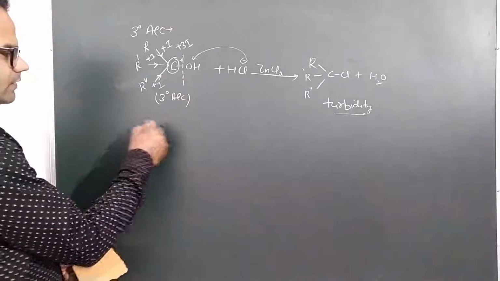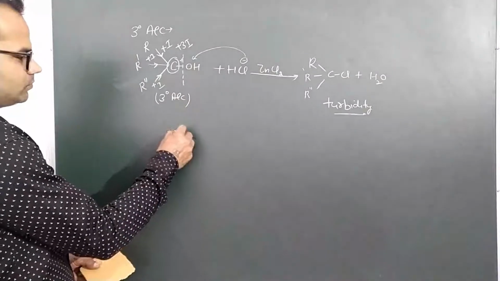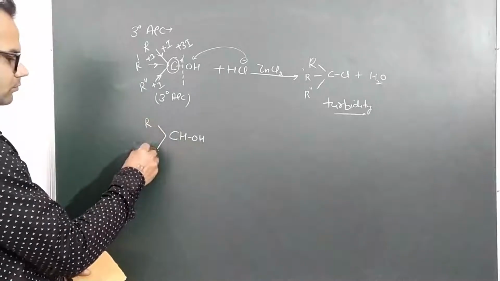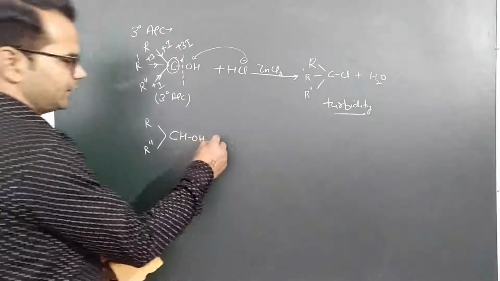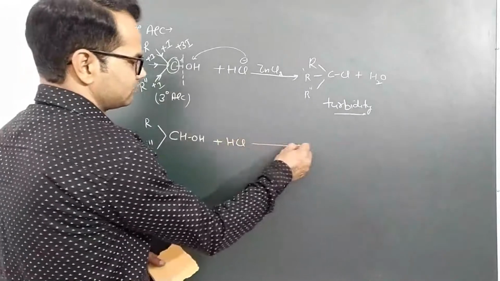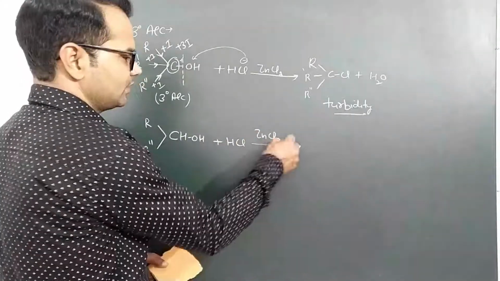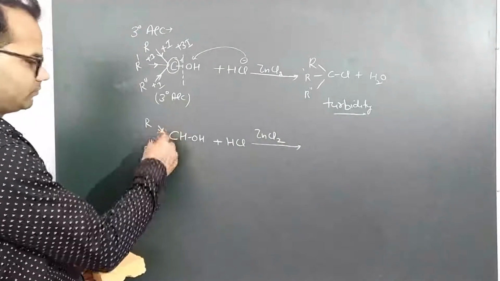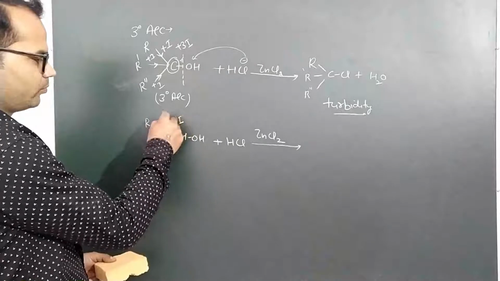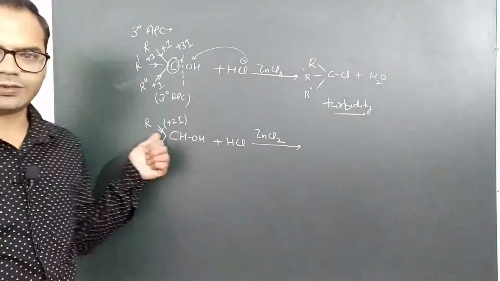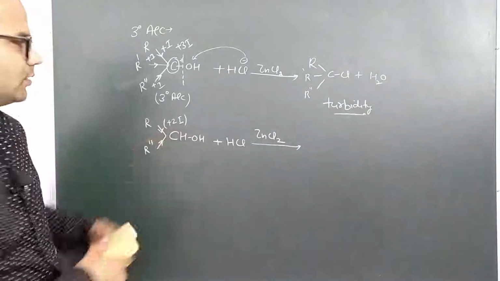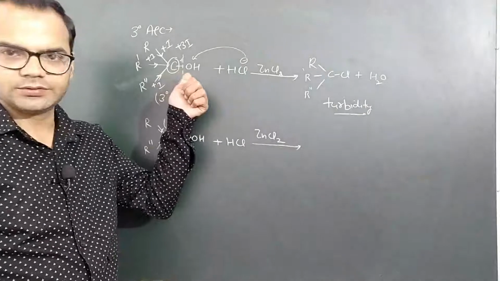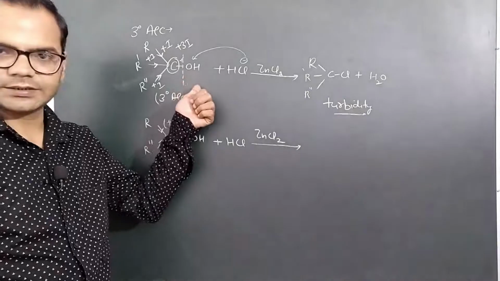Second, we have secondary alcohol. Again reaction with Lucas reagent, reaction with HCl in presence of zinc chloride. Now there is a plus 2I effect of 2 alkyl groups, which means this bond will take some time to cleave as compared to this structure.